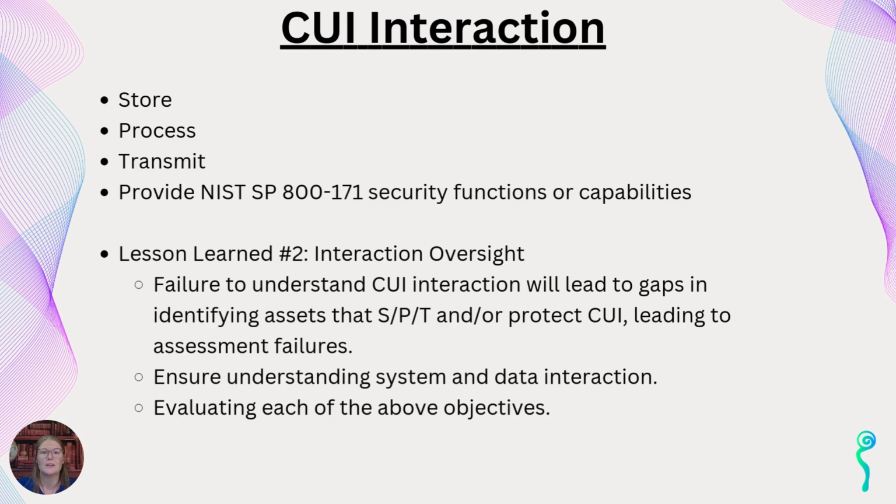Stuff like that happens. Even when they download it to print it, that's all processing. You're processing that information. It no longer resides within the software as a service encrypted environment. It is now being processed on your local endpoint, and that endpoint is then a CUI asset and needs to implement the NIST SP 800-171 requirements.